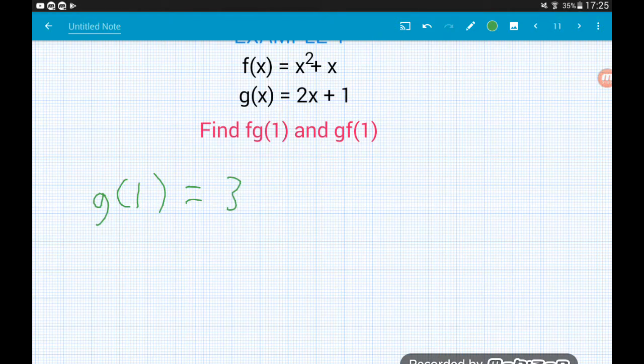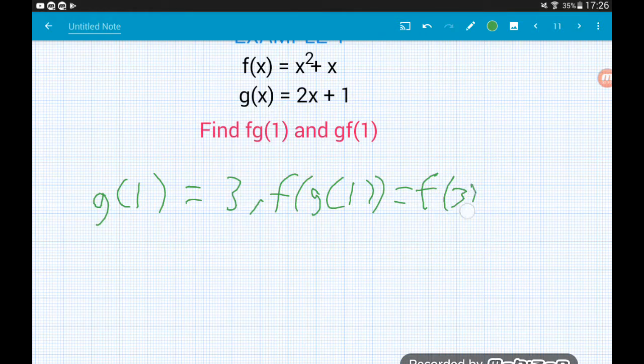So now we know the value of g of 1, we can simply substitute that into the f function. So f of g of 1 is equal to f of 3. And then finally, we substitute 3 into the f function, so we get 3 squared plus 3, which is 9 plus 3, which again is equal to 12.